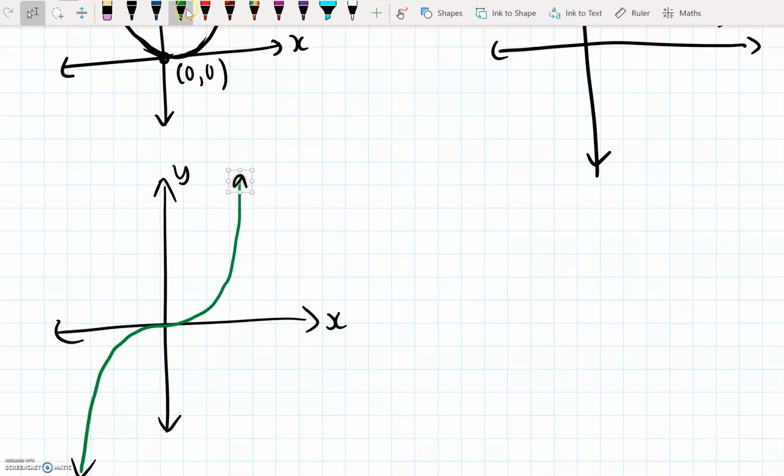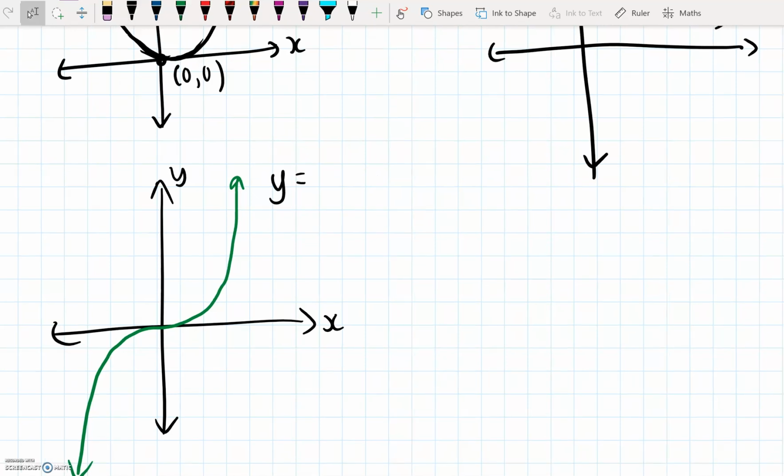So we have this lovely cubic equation, and we will say that its formula is going to be y = 2x³, because you can see its point of symmetry, it's not an axis, is at (0, 0).